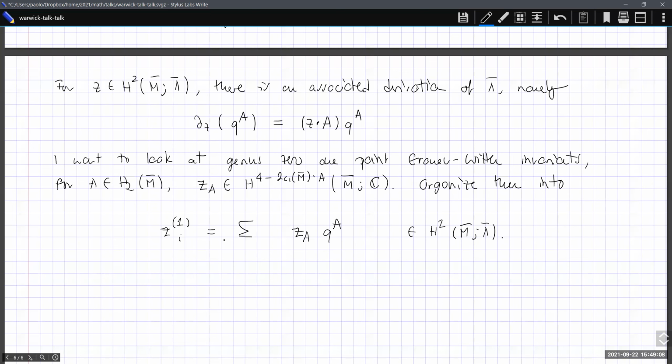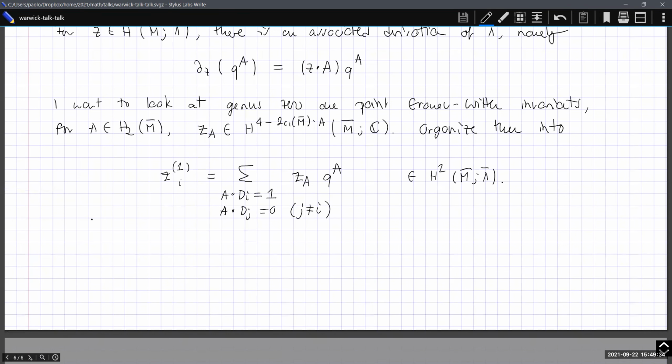And I sum over all those A such that it intersects this divisor with multiplicity 1 and does not intersect the other divisors D_J, J not equal to I. Remember, the sum of the D_I is the anti-canonical divisor, so we're good.